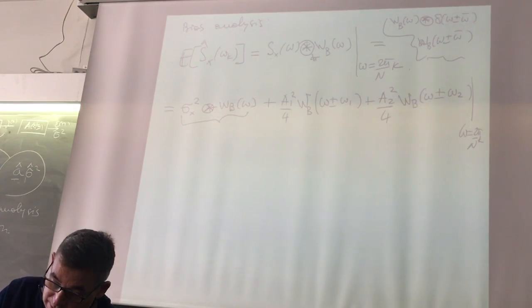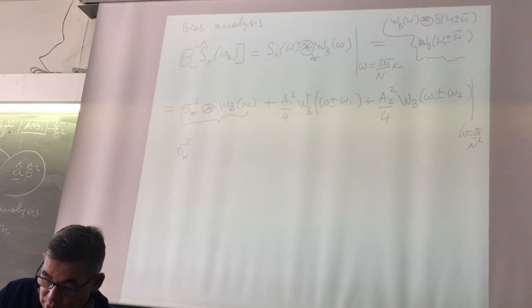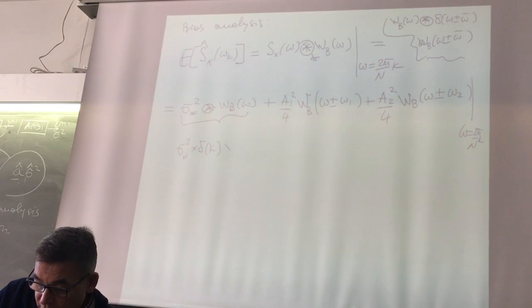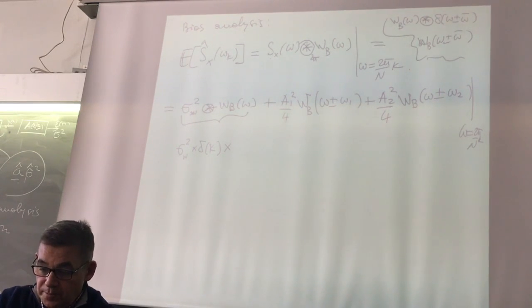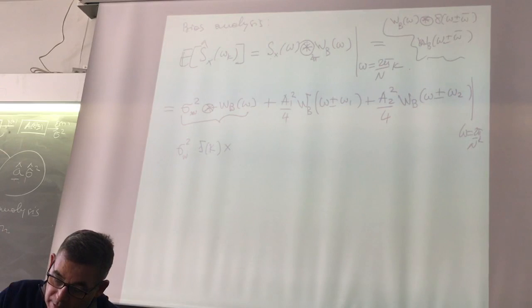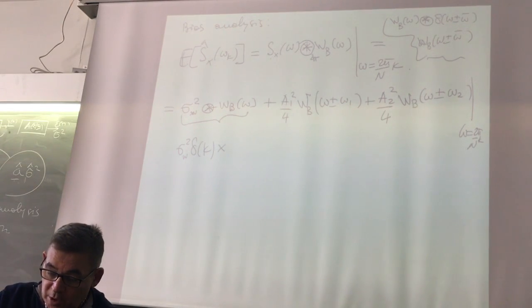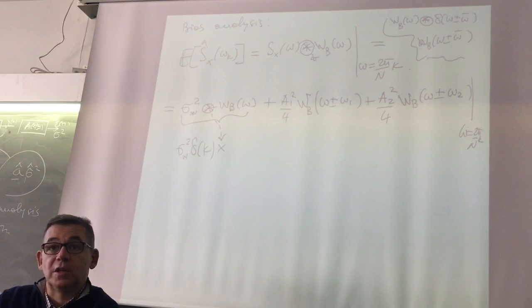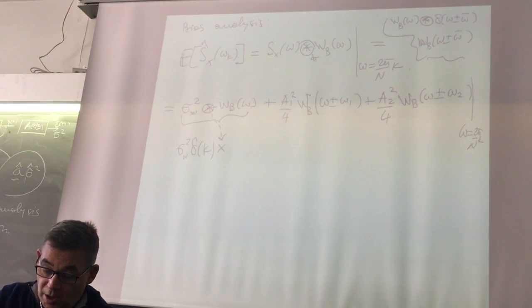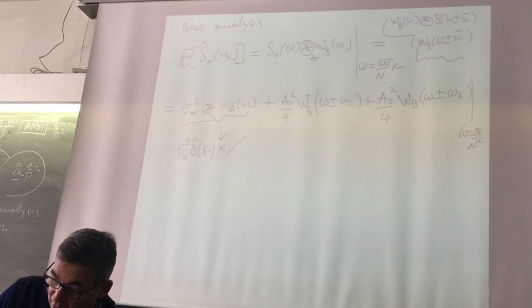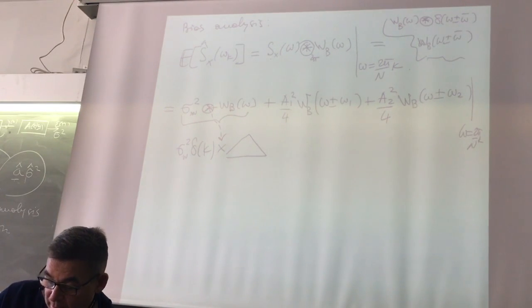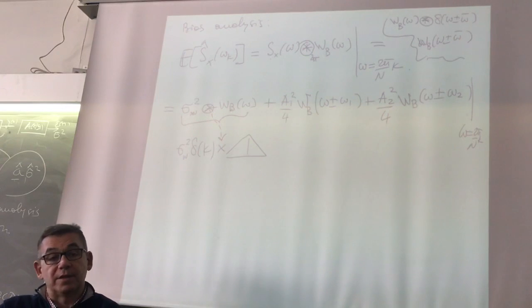Calculating in time, this is equal to sigma squared W times delta K, multiplied, because convolution becomes a multiplication in time, by a triangular window that has a length of n.